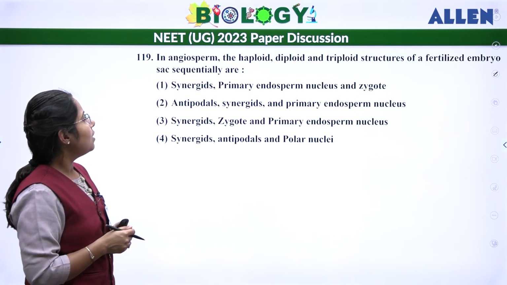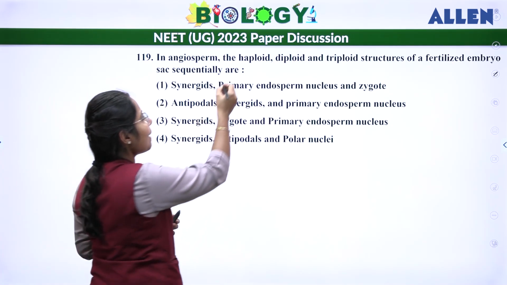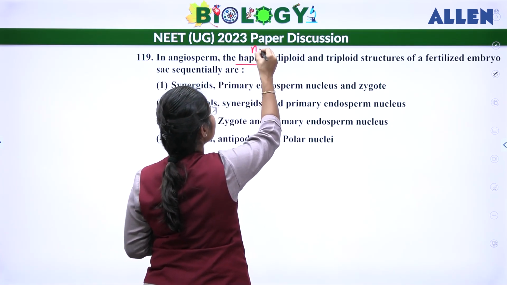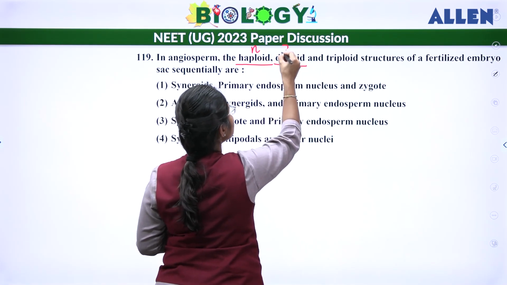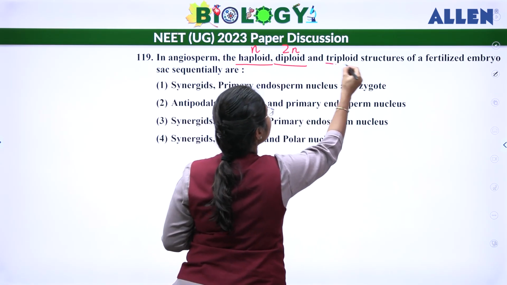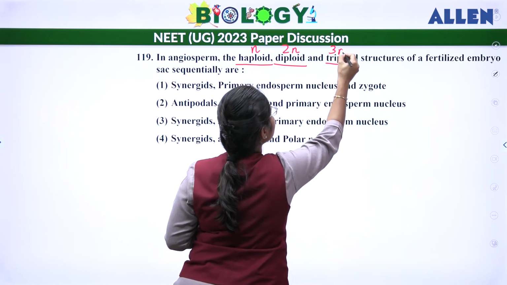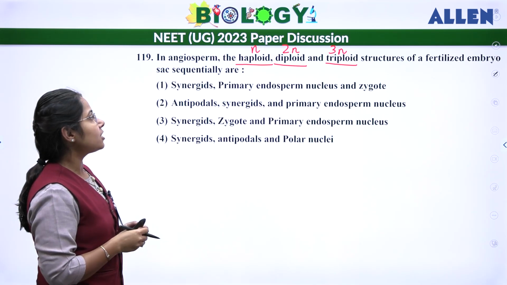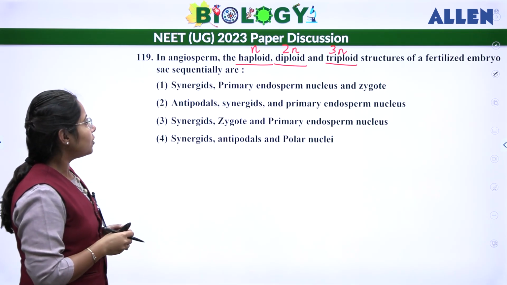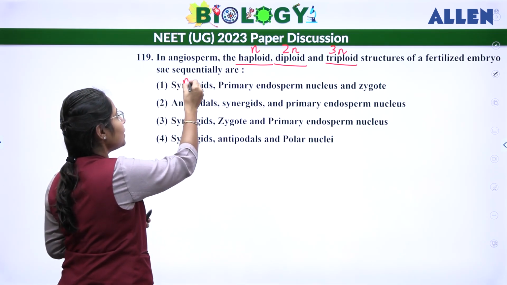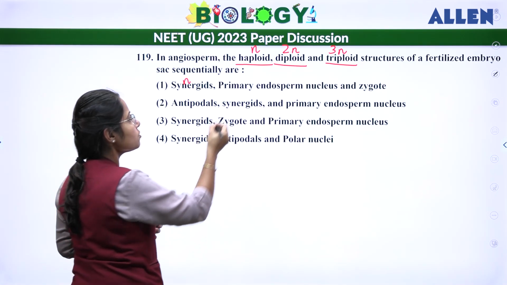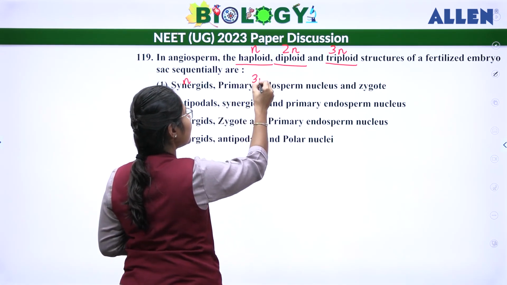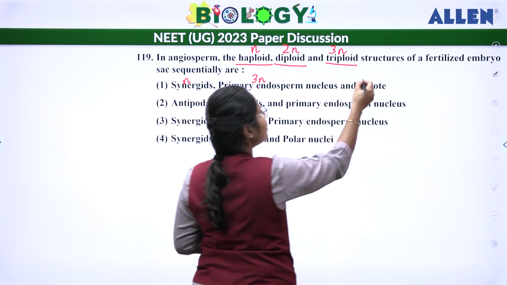Next question. In angiosperm, haploid means N, diploid means 2N and triploid is your 3N. Structures of a fertilized embryo sac sequentially are. Now first is your synergid. Synergid will be your N. Primary endosperm nuclei will be your 3N and the zygote will be your 2N.